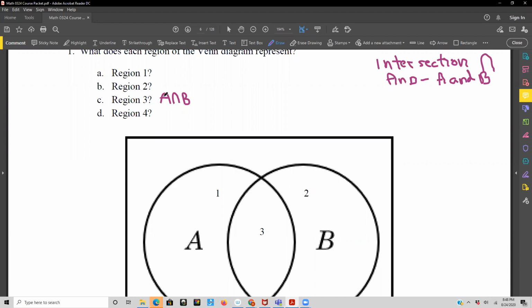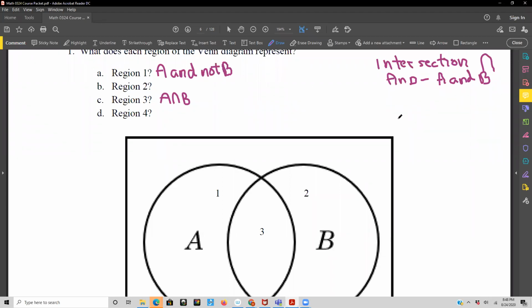Now, region 1. There are a couple ways to say that. This is only A, but not B, because B can't include region 3, so I have to exclude B. So what I'm saying is it's in A, and I'm going to write this in set notation, A and not B. So how do we say that?